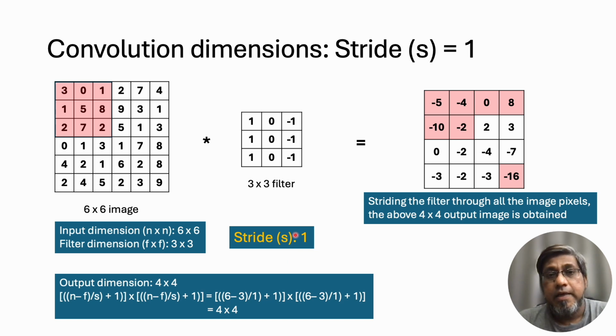Let us now see what happens if we increase the value of the stride. Rather than shifting the window by 1 pixel each time, what happens if we shift the window by more than 1 pixel, say 2 pixels or 3 pixels? What would be the dimensions of the output image, and how do we compute the output pixel values?